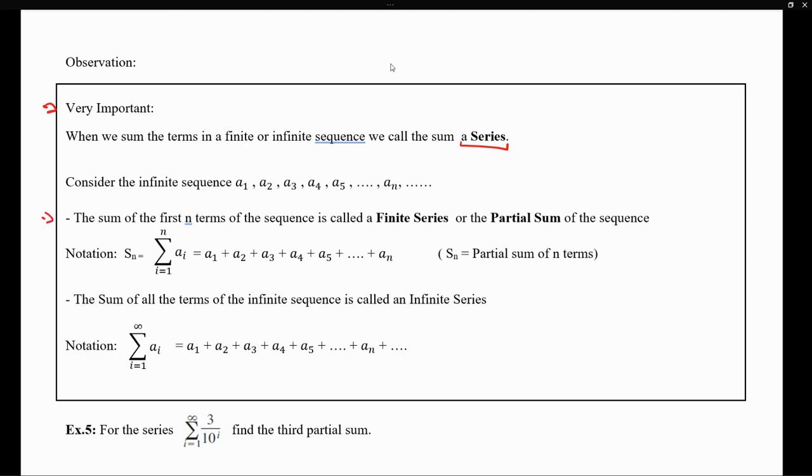And now, the sum of the first n terms of that sequence is called a finite series, or we also refer to it as the partial sum of a sequence. So if the expression that we're evaluating represents a sequence, if we add up to certain terms, which in this case we want to add up to the term n, then we can say that we have a partial sum of n terms. And we're going to take a look at one example in a second.